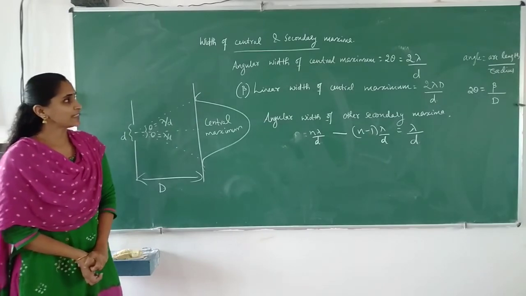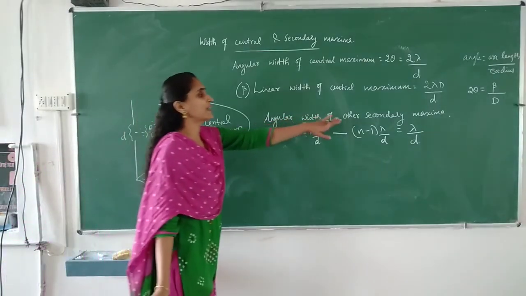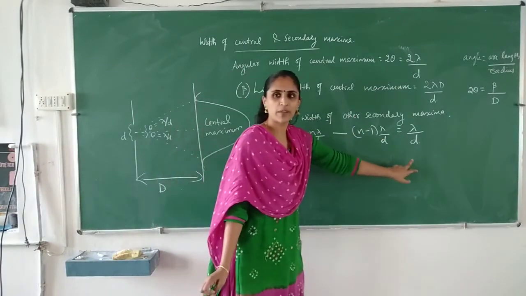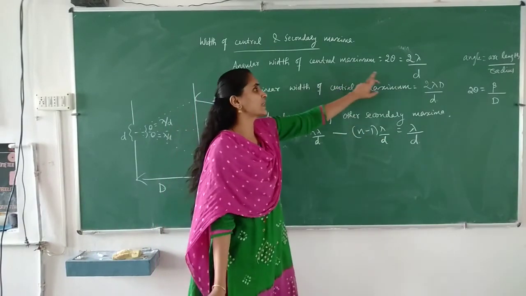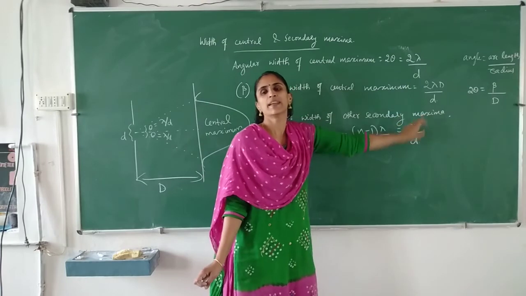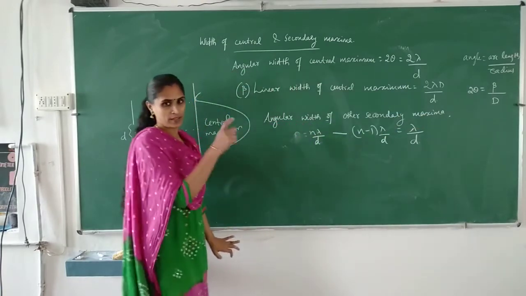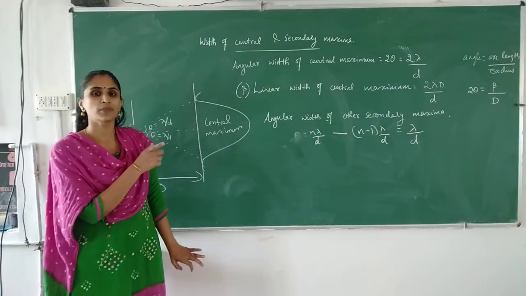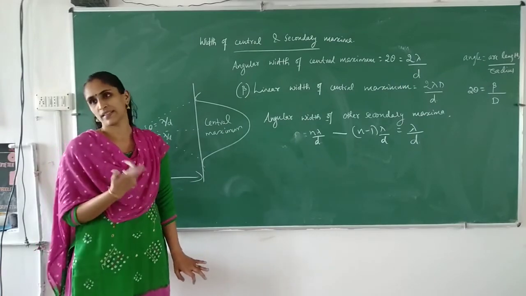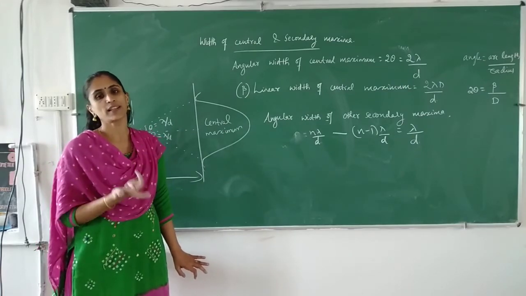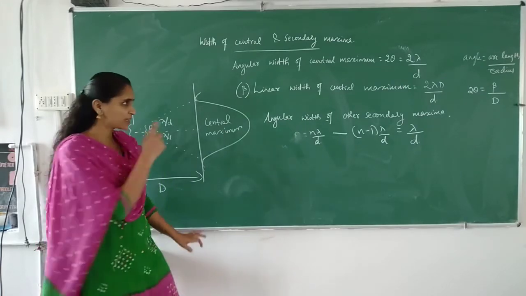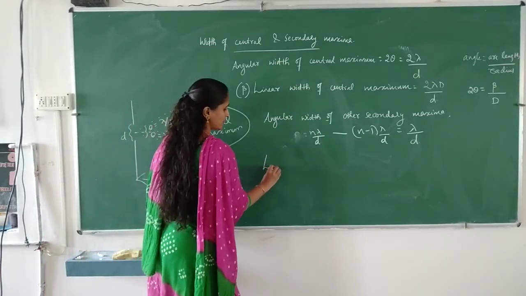So you can see that the angular width of the other maxima is only lambda by d, but the angular width of the central maximum is 2 lambda by d. So we can say that the angular width of the central maximum is 2 times the angular width of the other secondary maxima. Similarly, you can find the linear width.